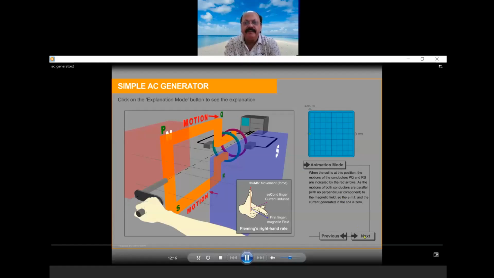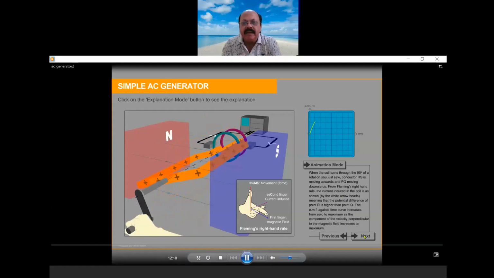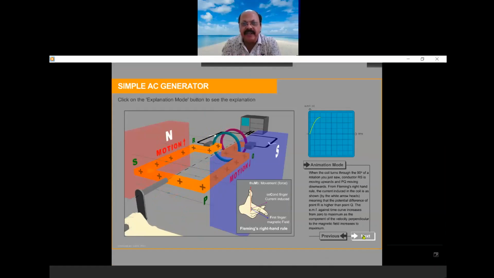So when the coil turns through 90 degrees of rotation, you can see conductor RS is moving upward and PQ moving downward. From Fleming's right hand rule, the current induced in the coil is shown in the figure with white arrows. You can see in the diagram.